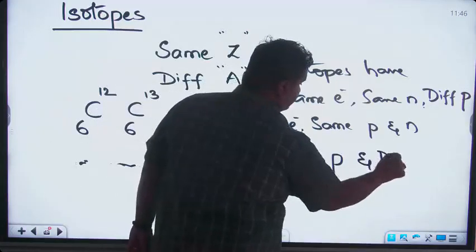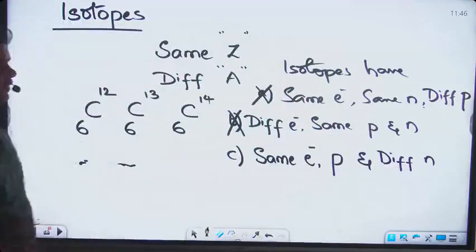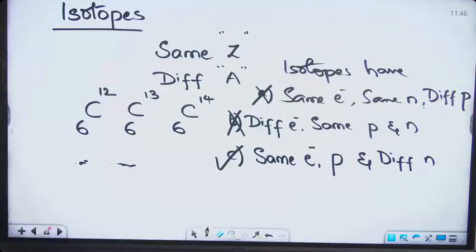Isotopes are the elements having the same electrons, the same protons and a different number of neutrons. This is the previous question.